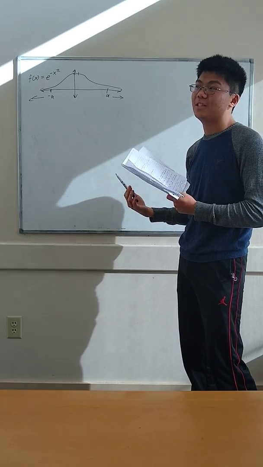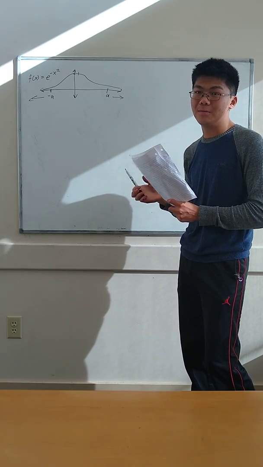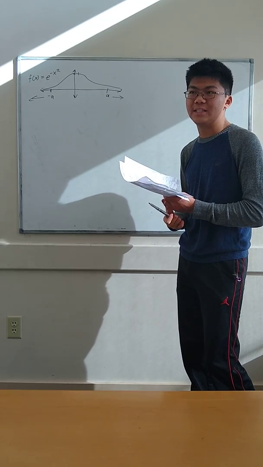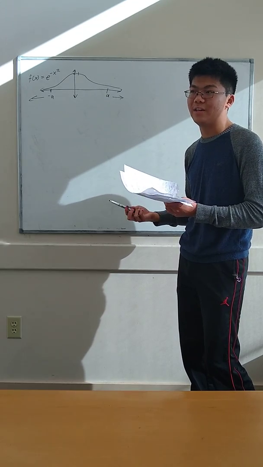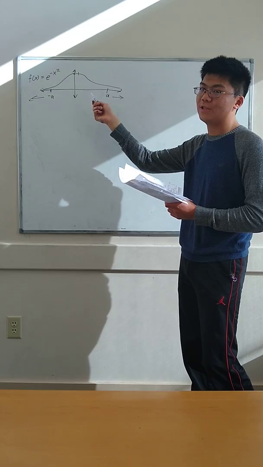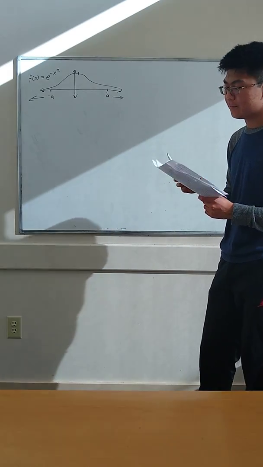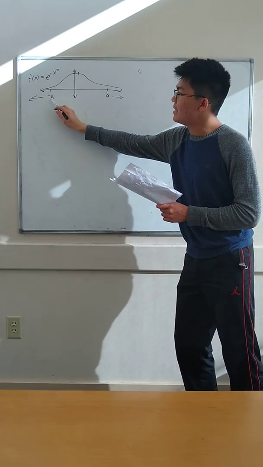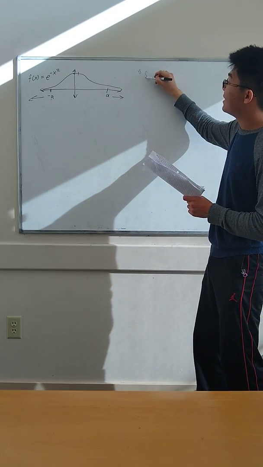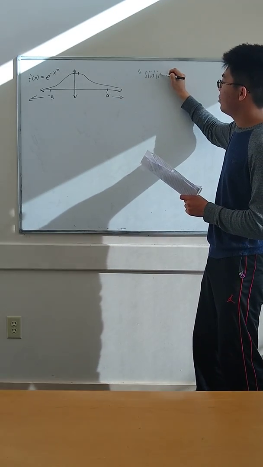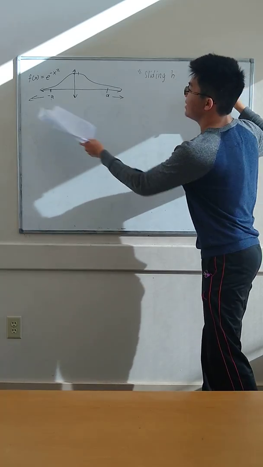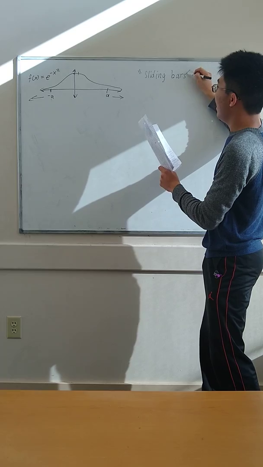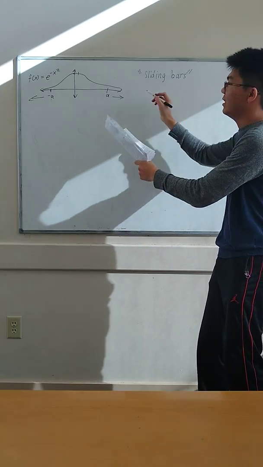This is actually known as the probability distribution integral. And if you're doing stats, or if you're doing physics, including the complex wave function, you might see this graph appear again. And so in this case, we'll view minus a and a as sliding bars. So we're sliding minus a toward negative infinity and a toward positive infinity.